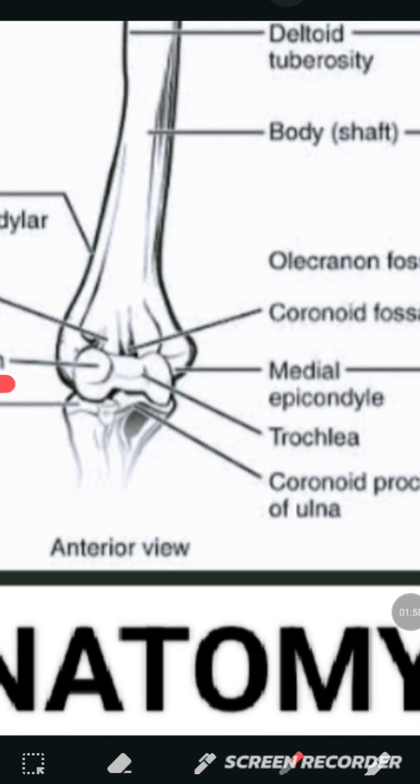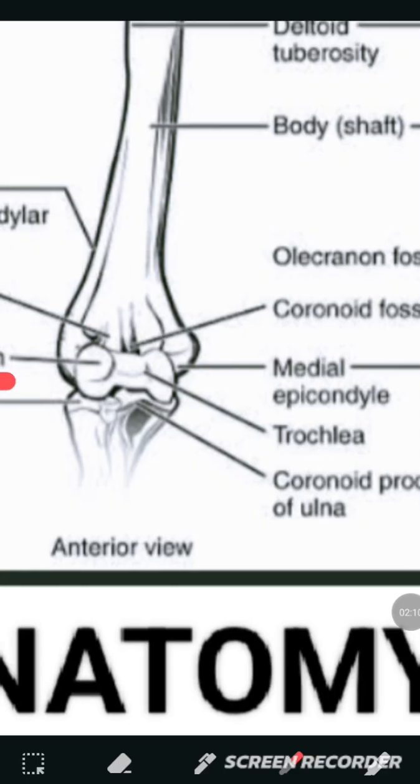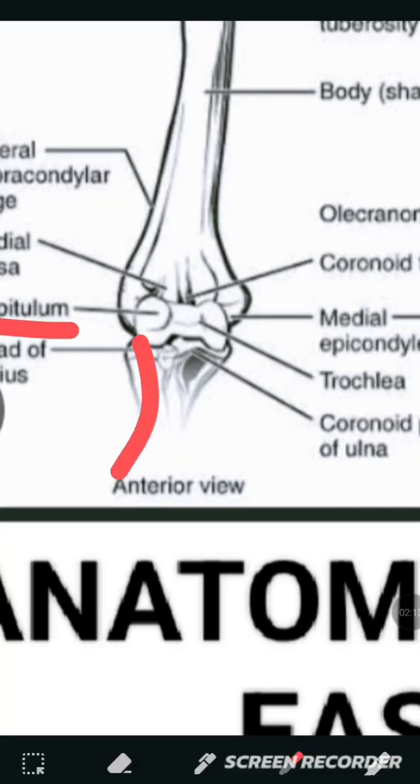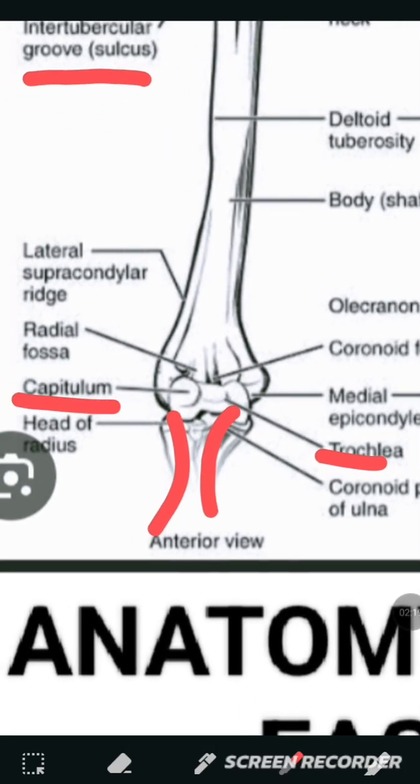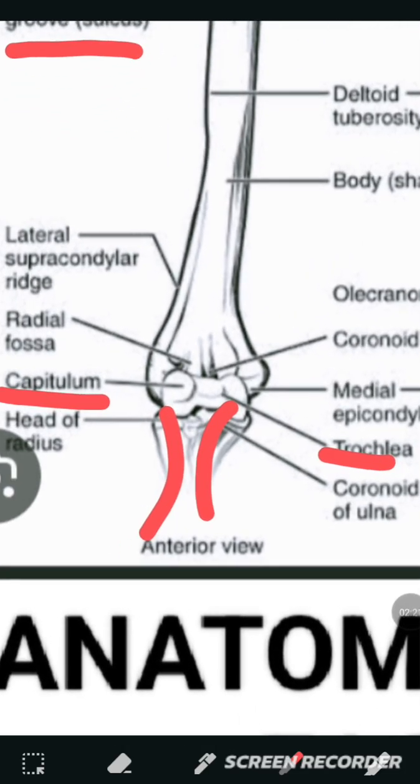The trochlea articulates with the trochlear notch of the ulna bone, and this also forms part of the elbow joint. So the lower end articulates with the radius bone and ulna bone by the capitulum and trochlea, and forms the hinge joint, which is called the elbow joint.